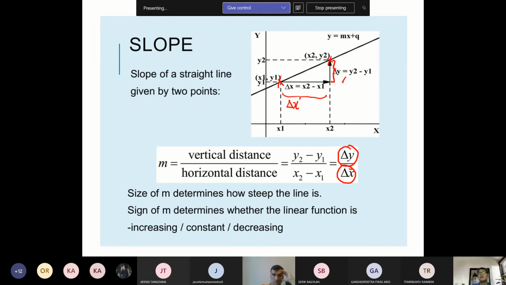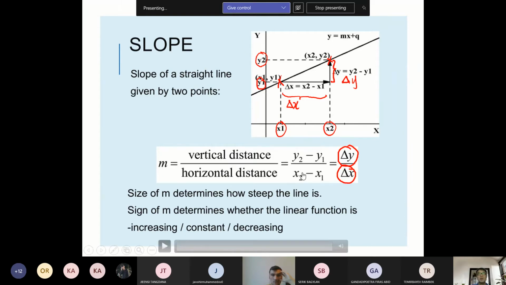Now how to find the difference of y? We are going to take y minus y. How to find the difference of x? We are going to take x minus x. This is the formula we are using here.